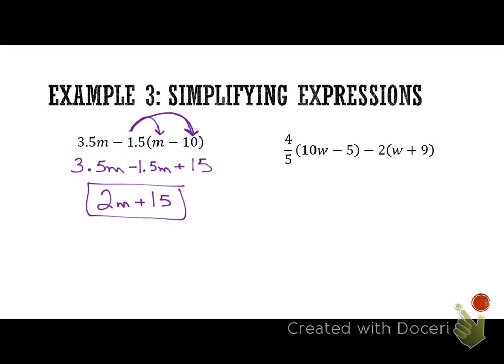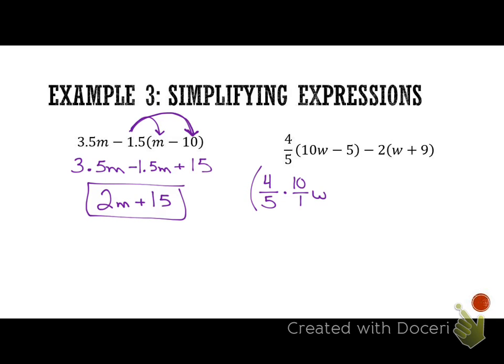Okay, so now what makes this next one challenging? Well, part of it is I have distributive here, and I have distributive here. Do you see how I could just kind of section that into two groups? So I'm going to simplify both distributive properties and then bring them back together. Remember how I asked you to do it. 4 over 5 times 10 over 1w.